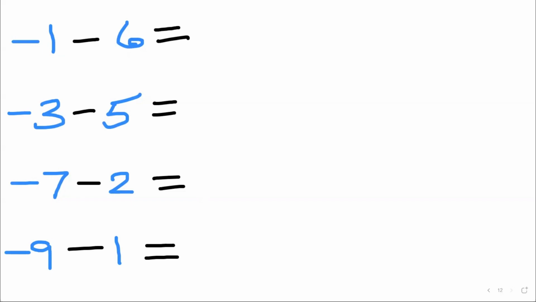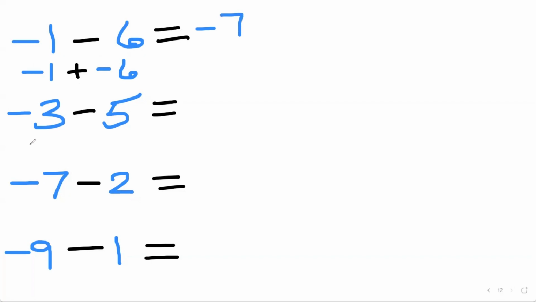All right, here we go. How'd we do on these? Hopefully they're starting to get a little bit easier as you go. So we've got a negative minus a positive. We are going to take the subtraction. The first number is going to stay the same, but that negative is going to become plus a -6. -1 plus -6 gives us our -7.